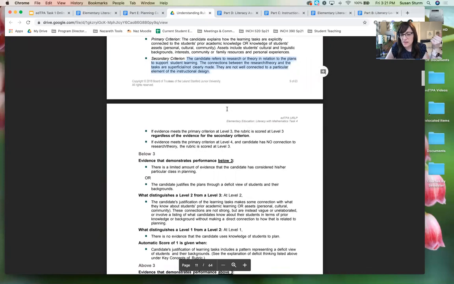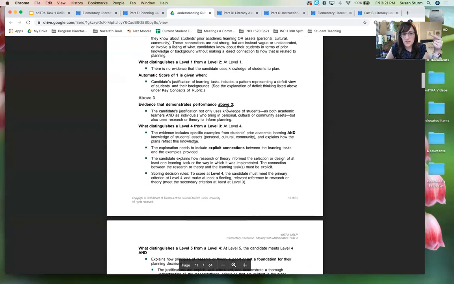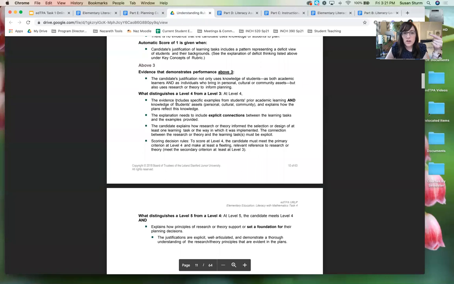So I'm going to check out that level 4 again. At a level 4, evidence includes specific examples. Yep, she's got a quote, and knowledge of the students, and explains how the plans reflect this knowledge. I think this is happening. And then explicit connections between the learning tasks and the examples have been provided.